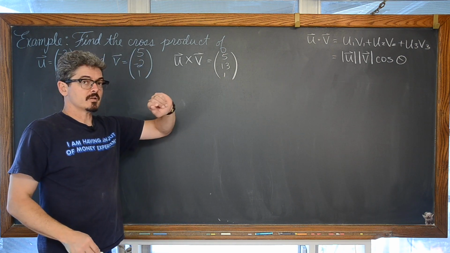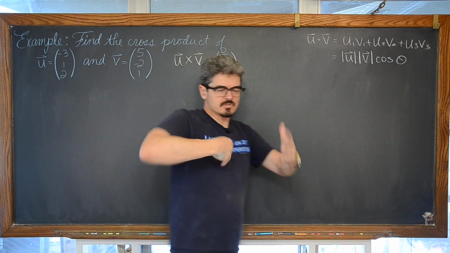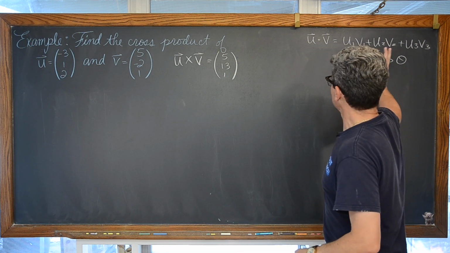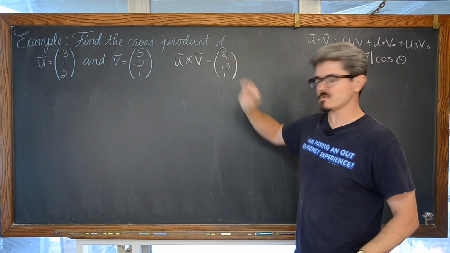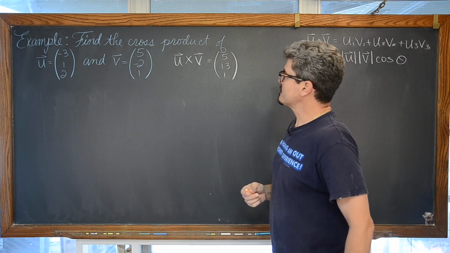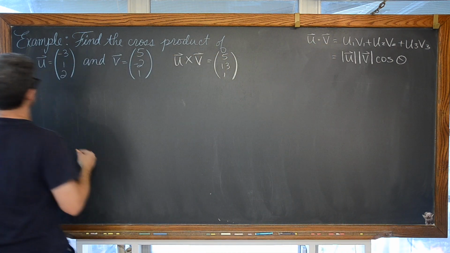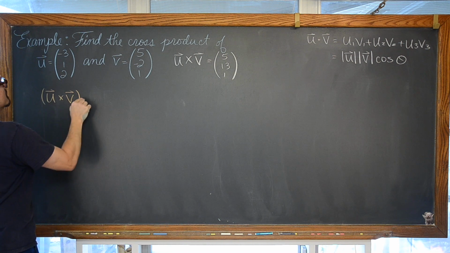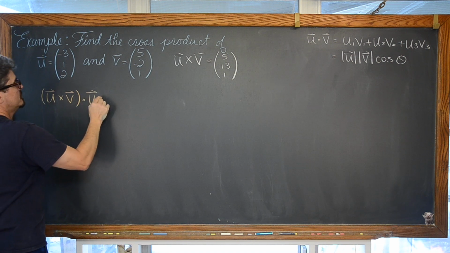I'm going to keep that up there to remind you of those two formulas, because something special is about to happen. So in a different color, like orange, let's find the dot product between the cross product and vector u.